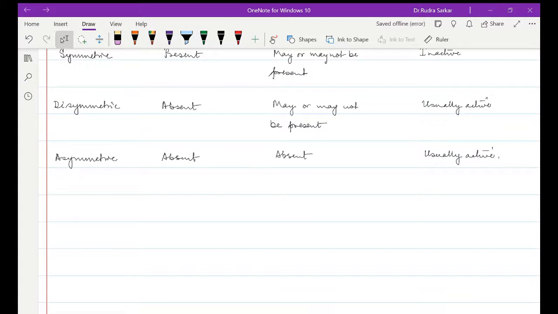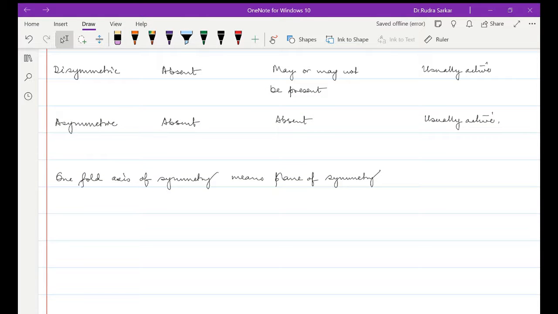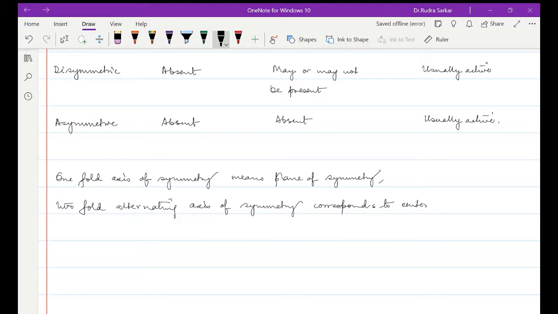One more thing: a one-fold alternating axis of symmetry basically means plane of symmetry, whereas a two-fold alternating axis of symmetry corresponds to center of symmetry.